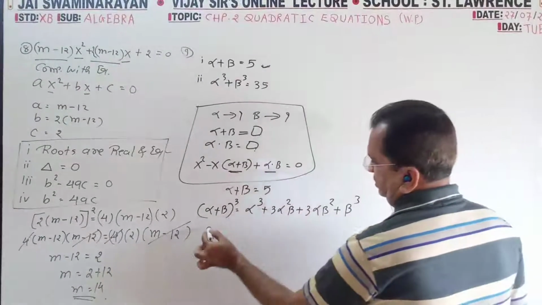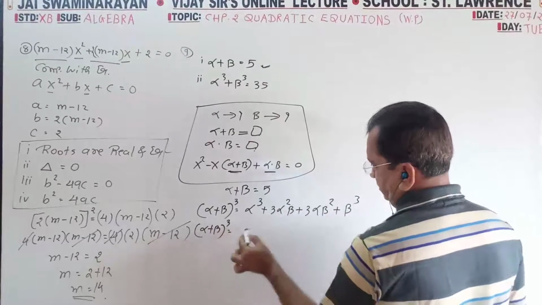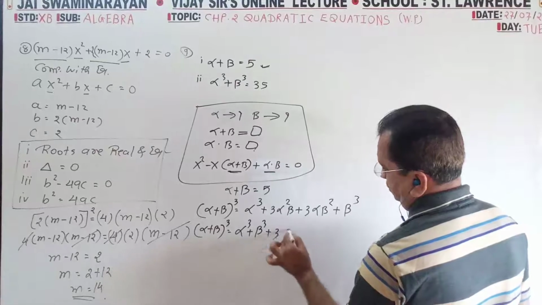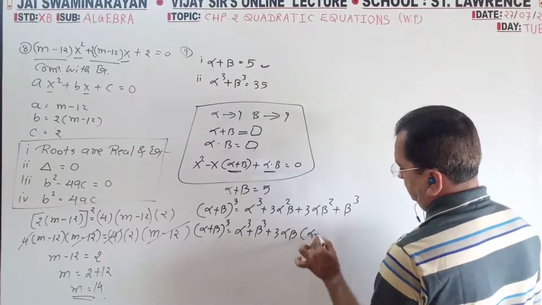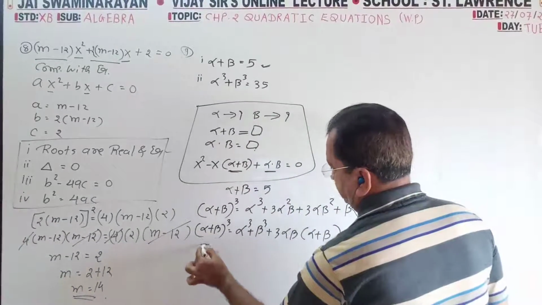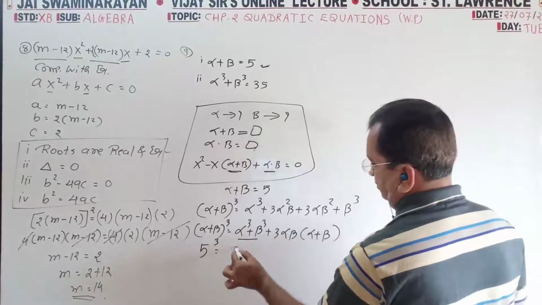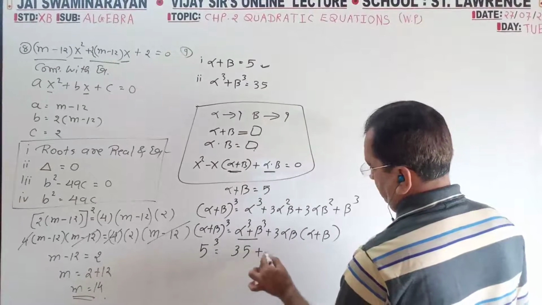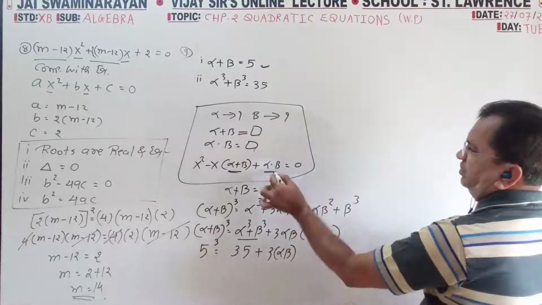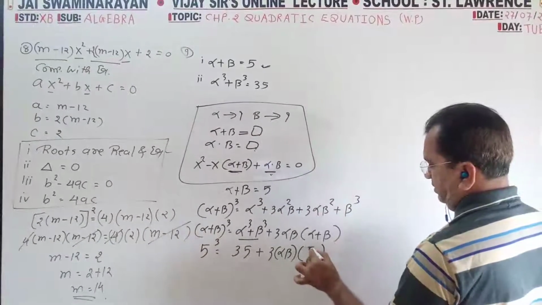So this and this, I will write the same powers together, 3 alpha beta. Now alpha plus beta is 5 cube. Alpha cube plus beta cube is 35, given. 3 alpha dot beta we don't have, that we want, and the total is given again, 5.